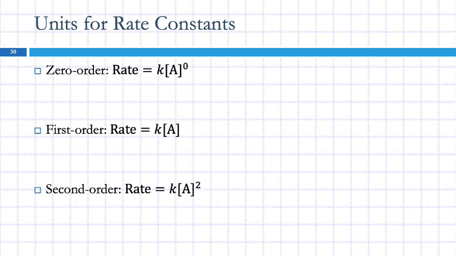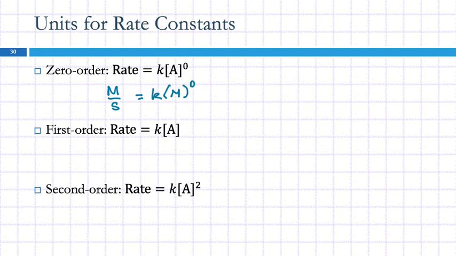How do we figure out the units? Well, what we're going to do is we're going to put the units for rate in over here. So the rate is in molarity per second, and that's equal to the rate constant. And then we're going to put in the units for concentration, which is molarity, but here it's raised to the 0 power. Right?